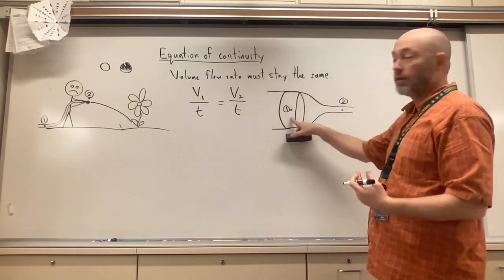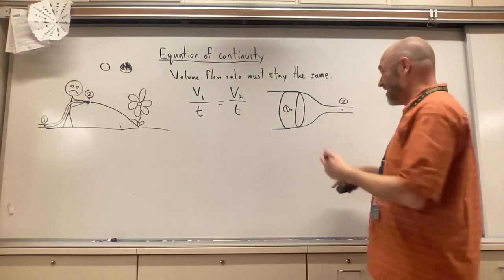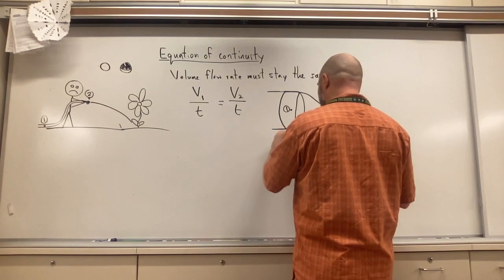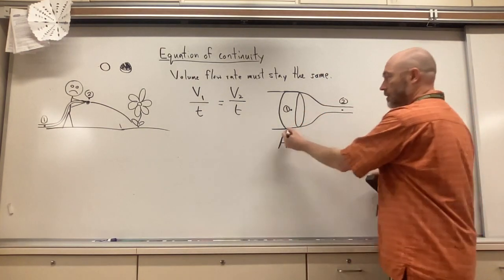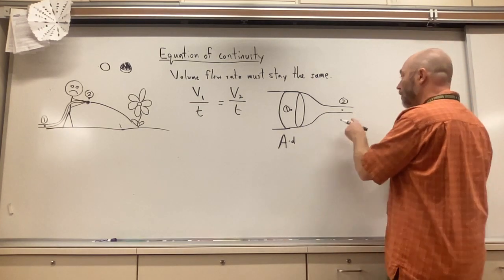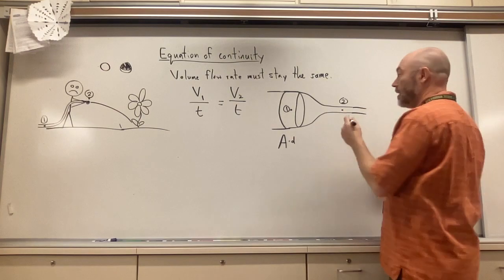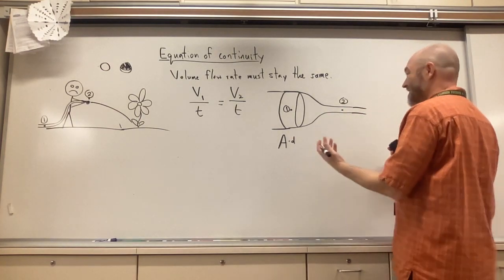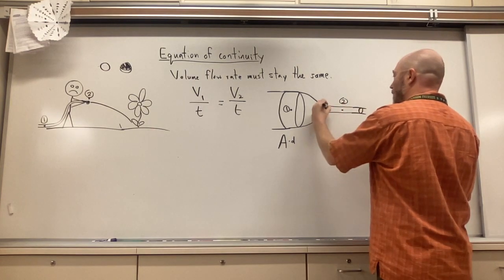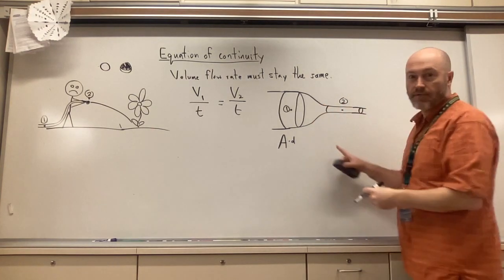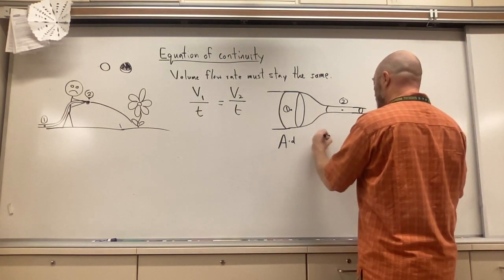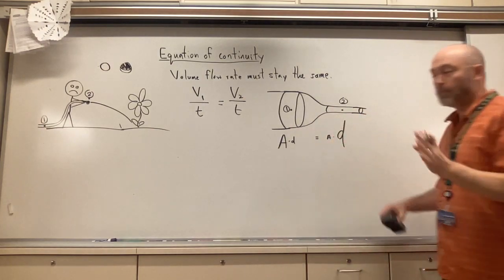Well, over here, if this is my volume, remember how we found this volume? We had a big area times a small distance this way, or length, whatever. Over here, if I want that same volume, how do I make it? Well, I'm going to have a much smaller area, but a much bigger distance.